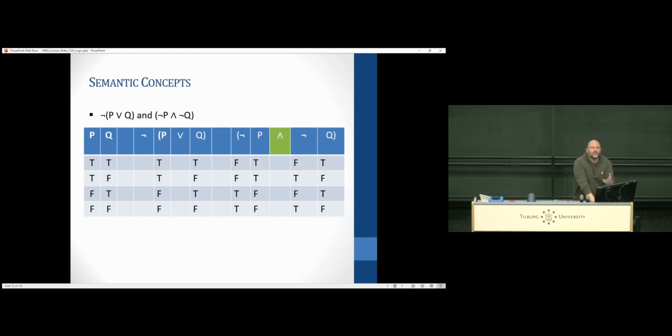And so how do we fill out the column under the conjunction? All false except for the last one. It's only true if both of them are true. Cool. Okay. Now, of course, that's one of the two sentences done.